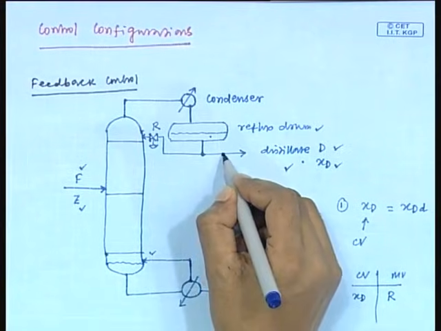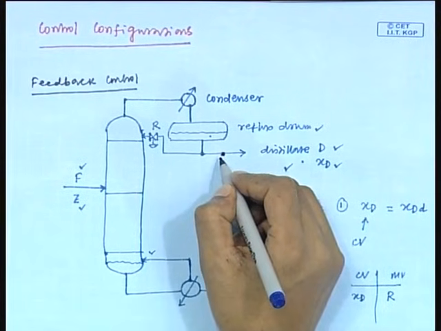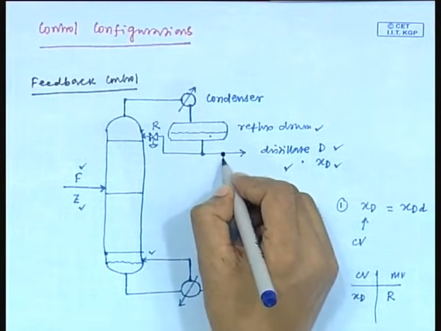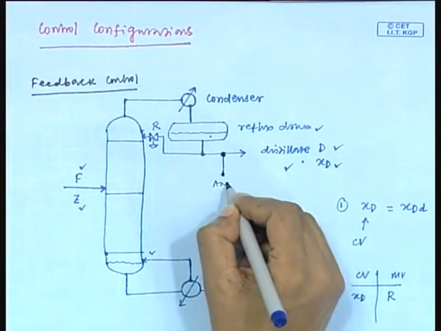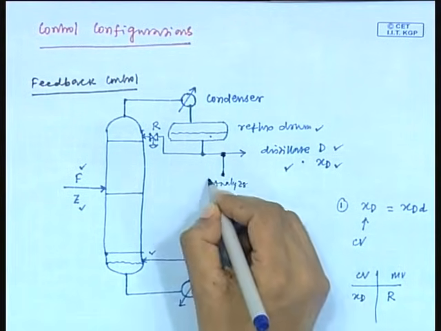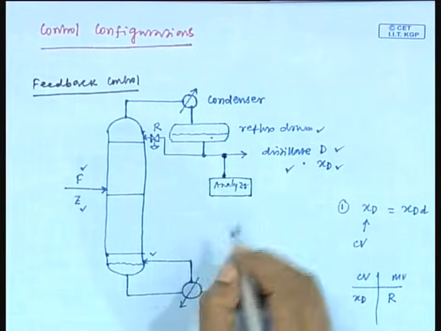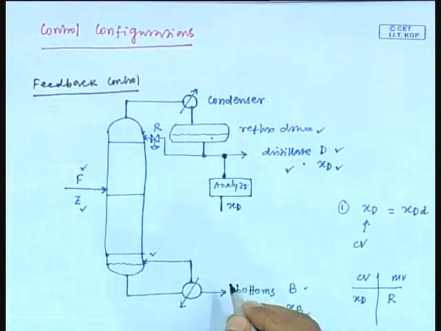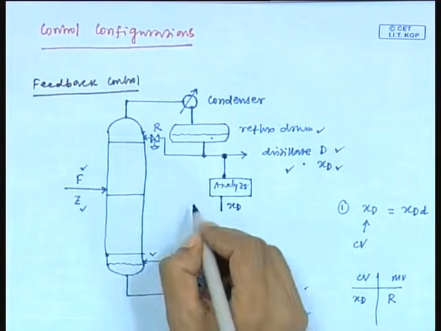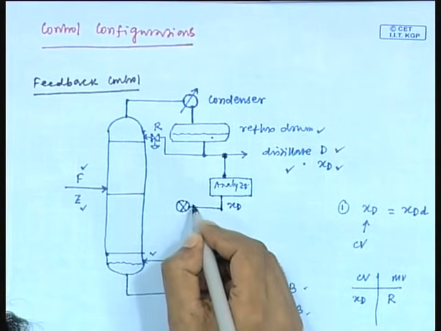Suppose here the liquid has composition XD. So, we need one composition analyzer to measure XD. Then this analyzer gives the value of XD. Then that XD is compared in this comparator.